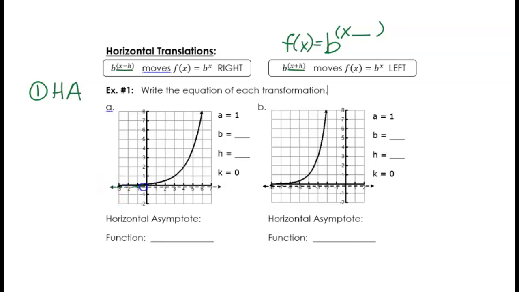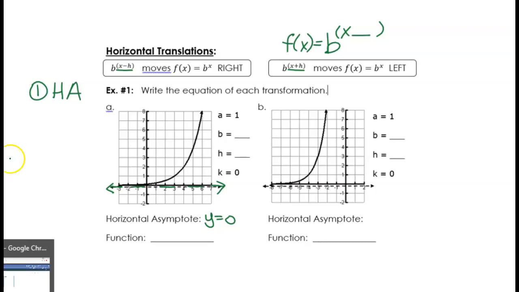Y equals 0. It's right here. Horizontal asymptote y equals 0. Which is where it's supposed to be based on the parent function, right? The parent function also has a horizontal asymptote of y equals 0, so it's in the right spot.